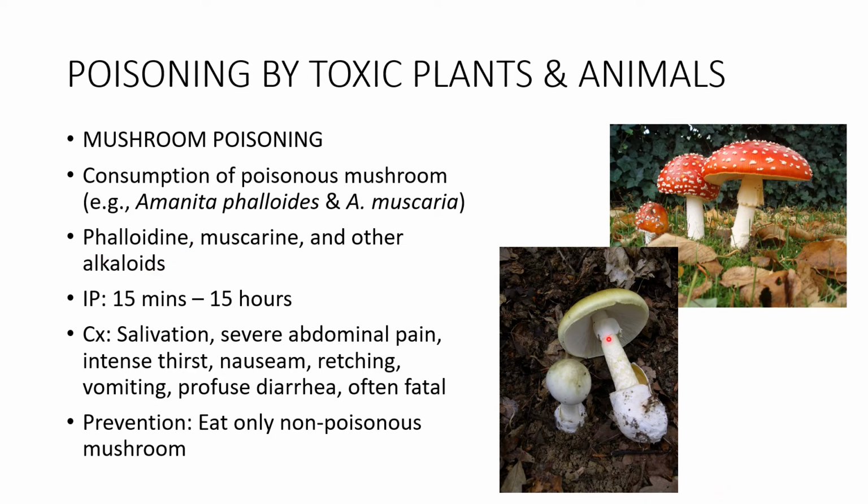The incubation period may be 15 minutes to 15 hours, and in high doses you may experience salivation, severe abdominal pain, intense thirst, nausea, retching, vomiting, and profuse diarrhea, and the condition may be fatal. For prevention, do not eat such mushrooms, and if you do not know whether a mushroom is poisonous or not, just do not consume it.